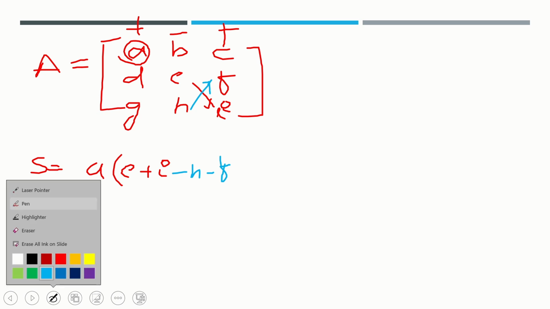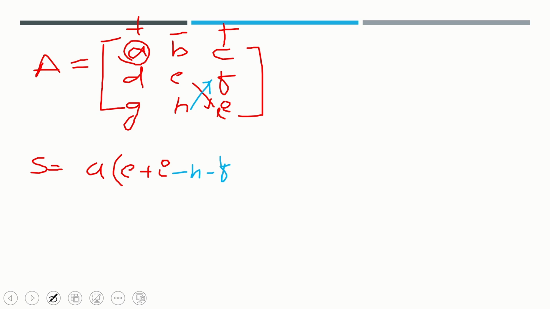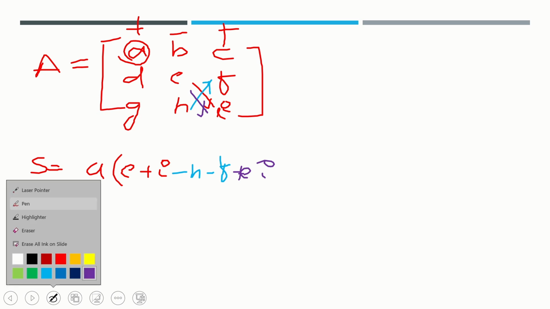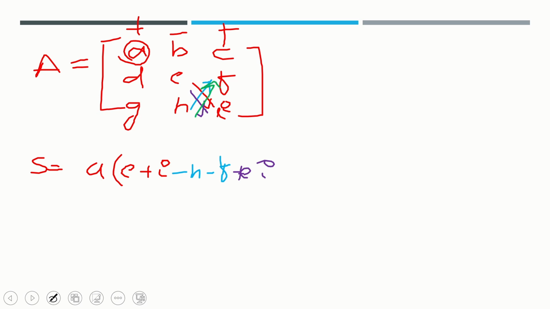Again you take the same element, as you do for the matrix determinant. You multiply this and add it, and the remaining two corner elements, multiply and subtract it.